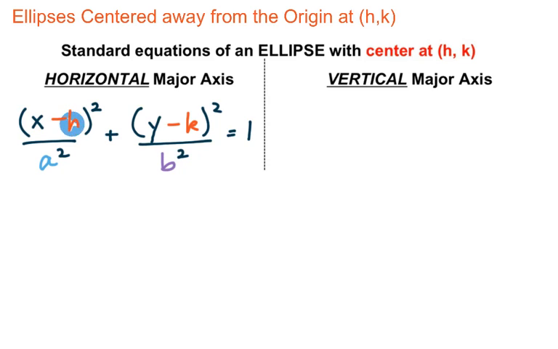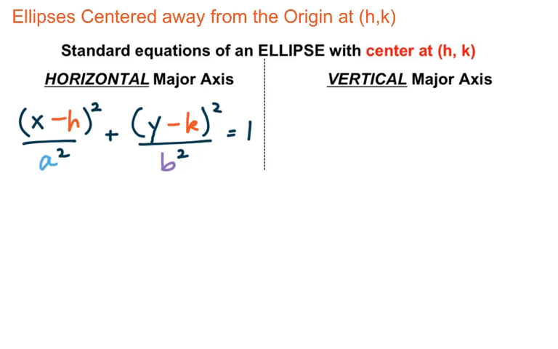So all we're doing from our origin formula to our shifted formula is adding this minus h and minus k. Notice the minus h is always with x, and the minus k is with the y value. And then we have these two values which end up in the denominator beneath each term.